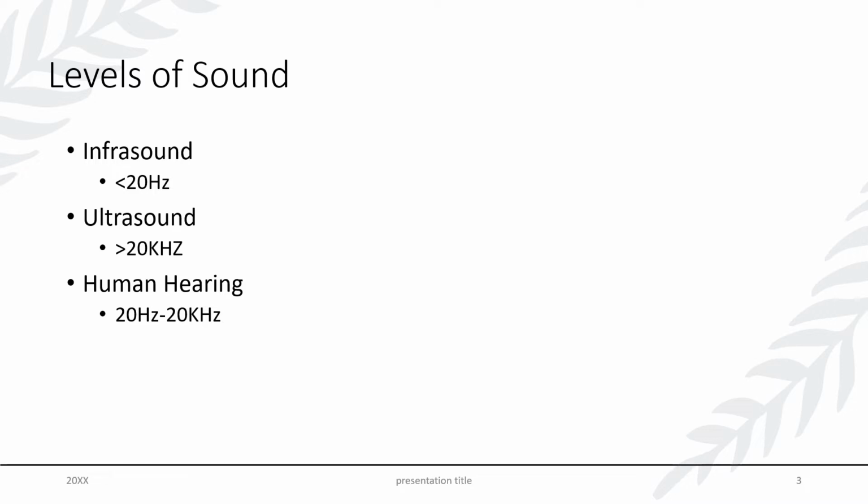Frequency sound will be above what human hearing can detect, thus leaving human hearing at the level of 20 hertz to 20,000 hertz. And so what we are going to be utilizing and talking about here is ultrasound in the general region above 20,000 hertz, and we're typically going to be operating in the megahertz.